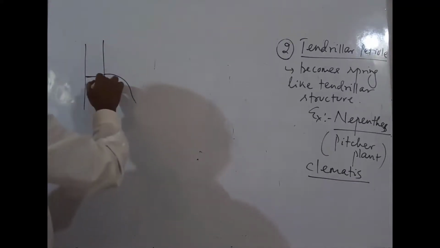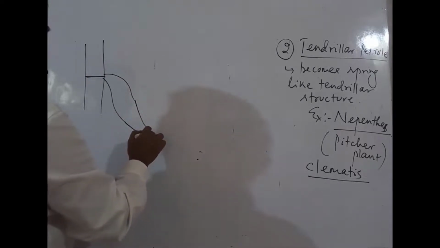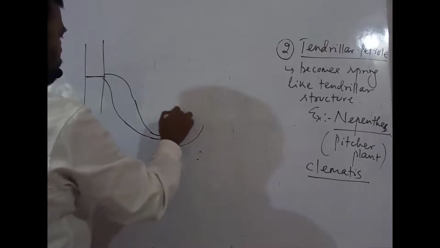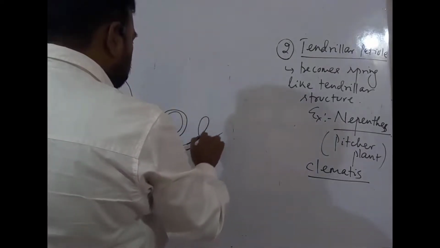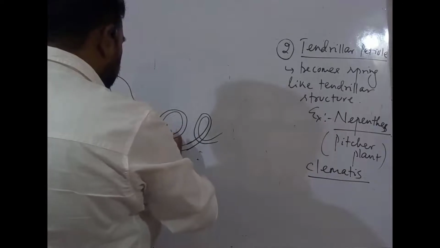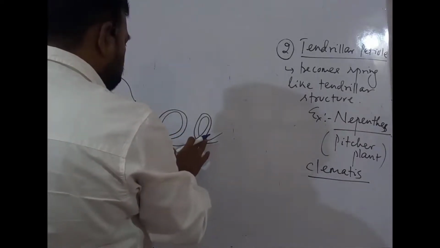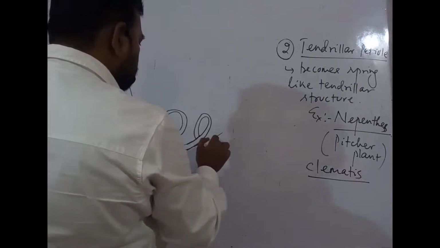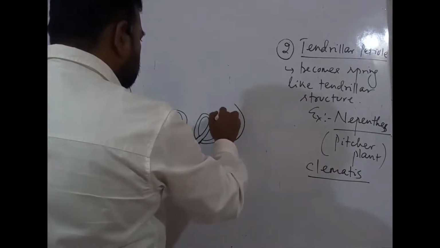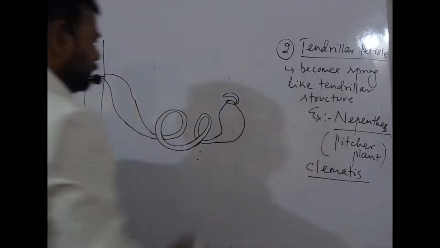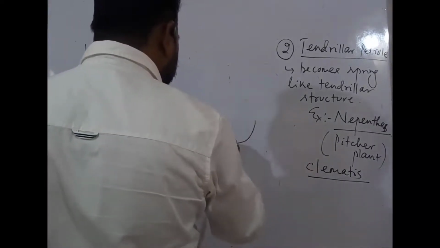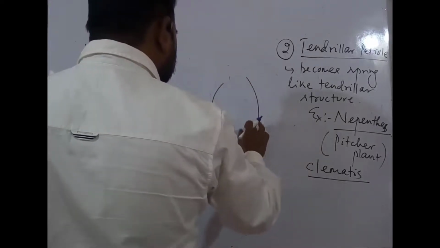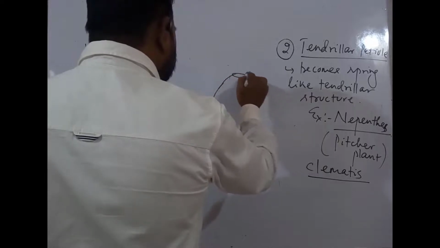This is the node region. This container is called the petiole.